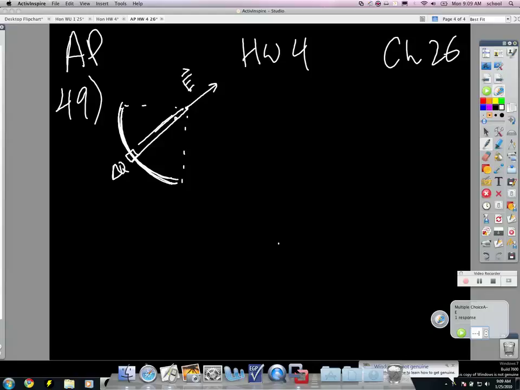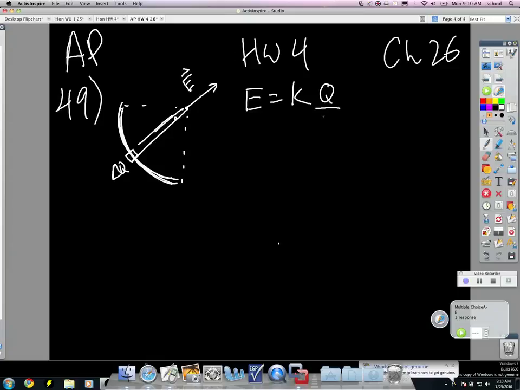This problem, similar to the way that we started the others, hopefully we can take the same concepts and extrapolate them. I begin by saying the general equation is E equals kQ over r squared. That's a general idea.